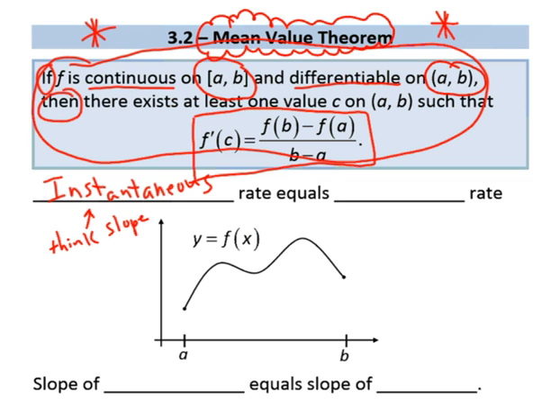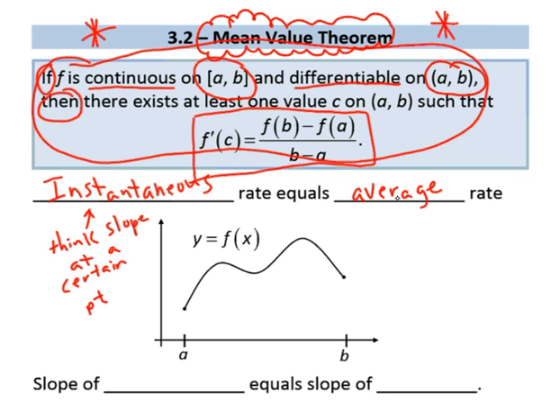So think slope at a certain point. If you're driving down the road, you would want to know what your exact speed is at a certain time in the interval. And that's being compared to the average rate of change.